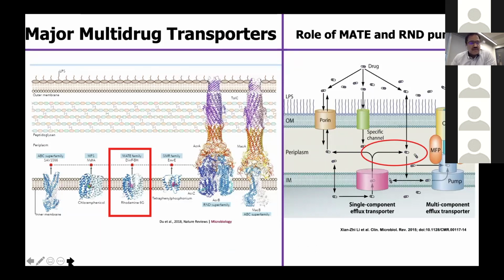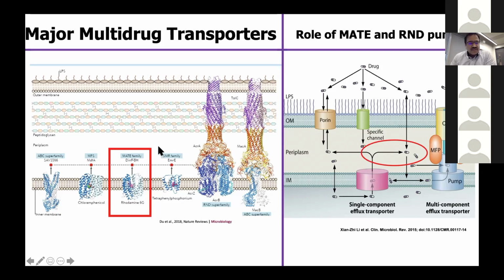I'll be talking just briefly about multidrug transporters. Multidrug transporters are classified into 5 major families. These are the single component systems, and the ones you see on the right side here are 3 component systems. We call them RND transporters.